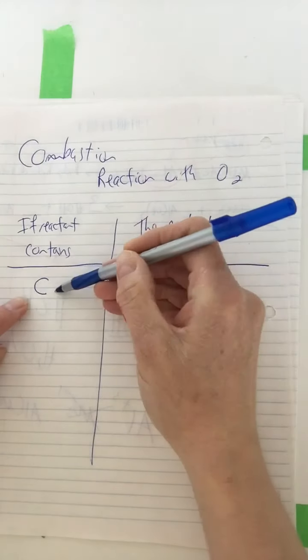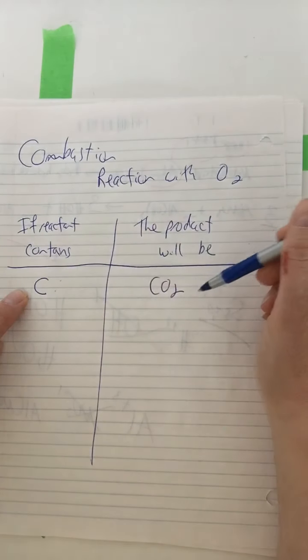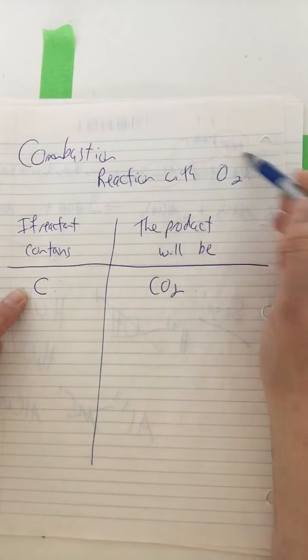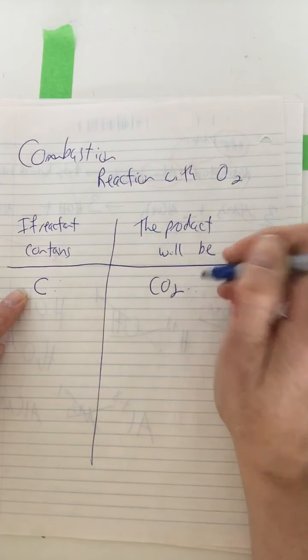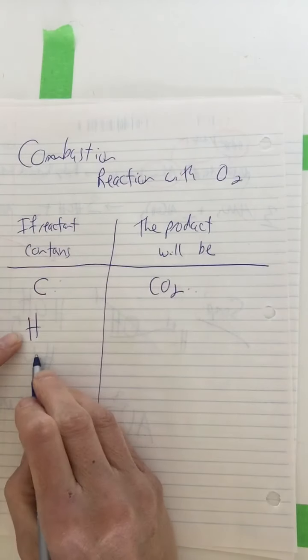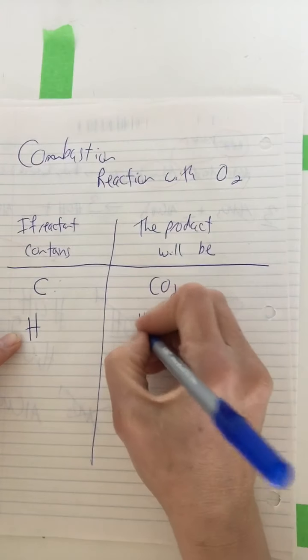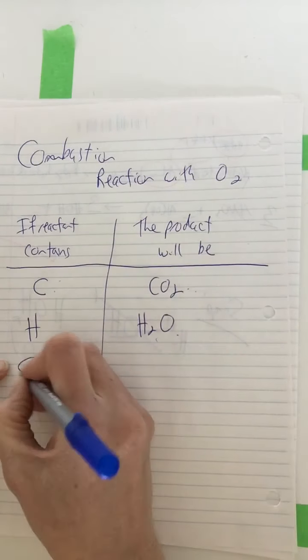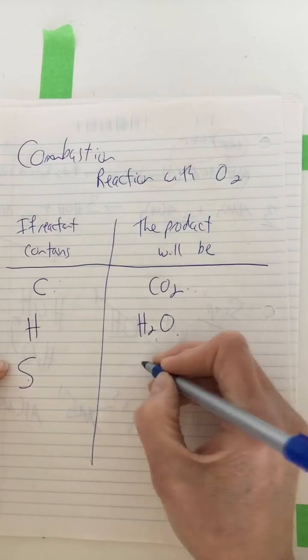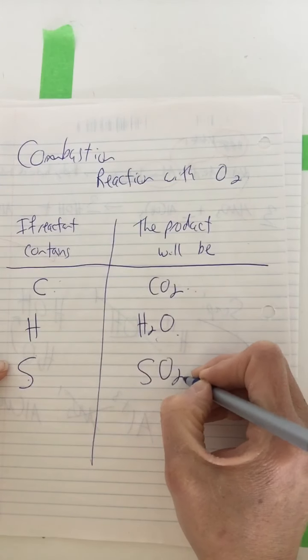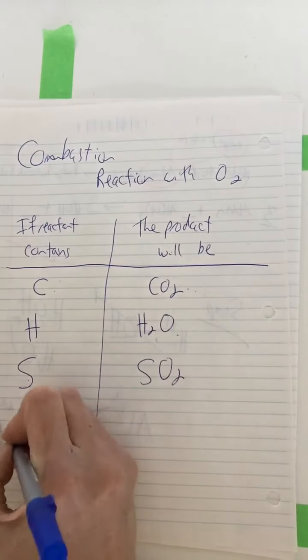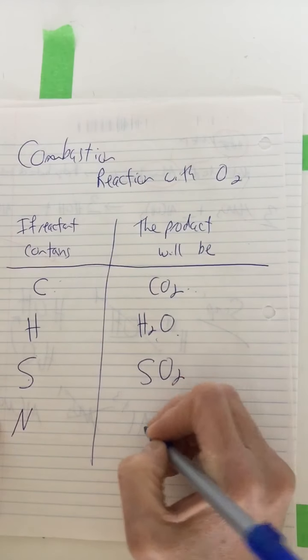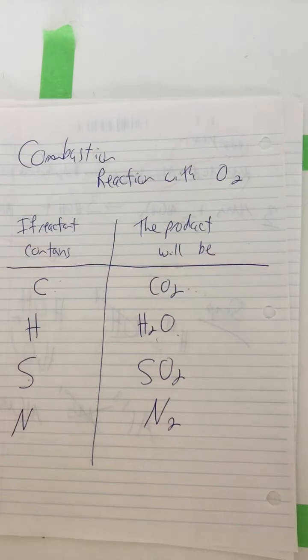So if the reactant contains carbon, a product, when it's reacted with oxygen, will be CO2. If the reactant contains hydrogen, the product will be H2O. If the reactant contains sulfur, the product is SO2. If the reactant contains nitrogen, the product will be N2.